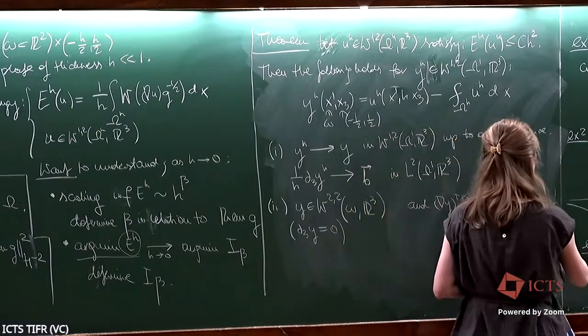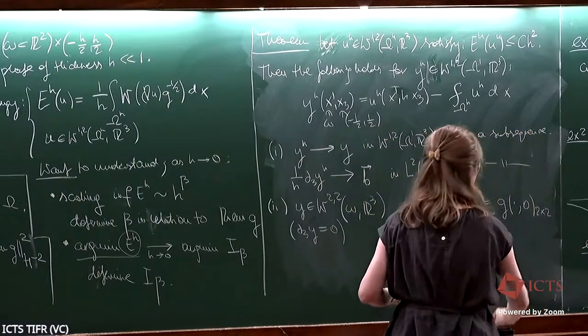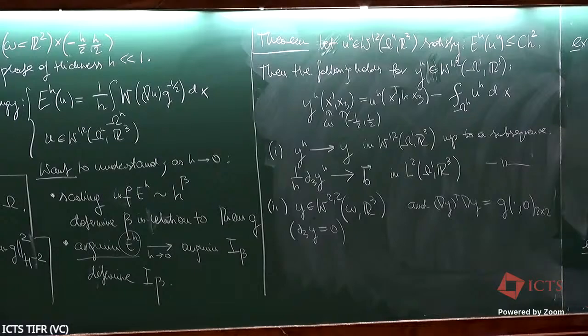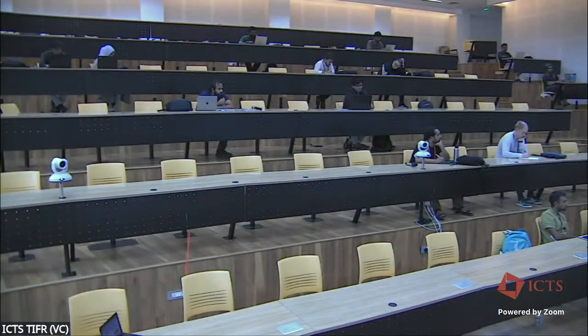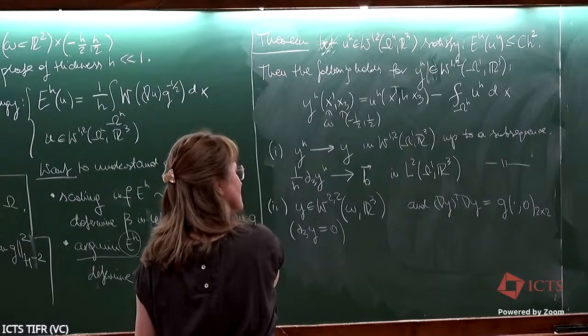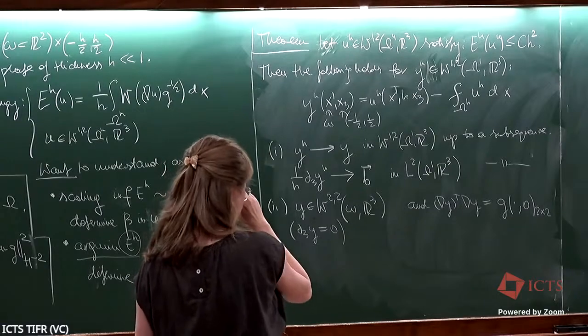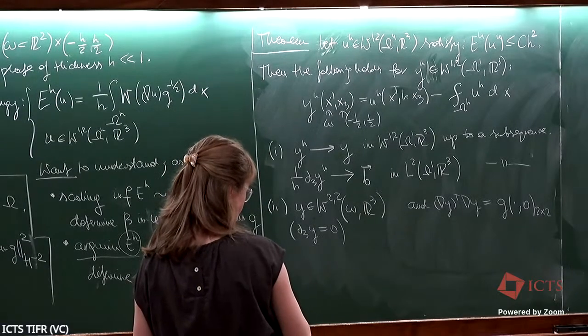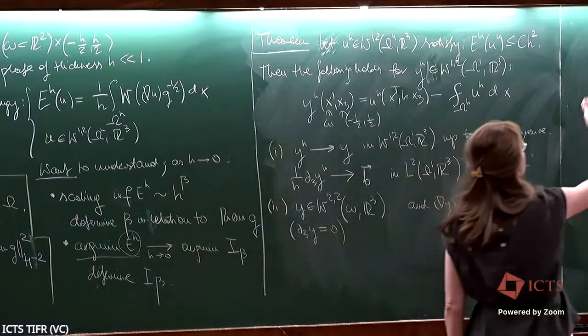And moreover, I'm taking only its 2 by 2 component. So what is G at each point?